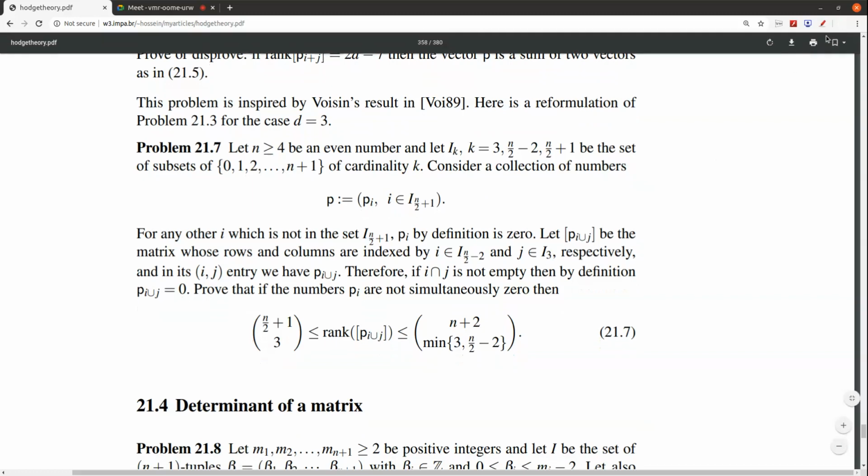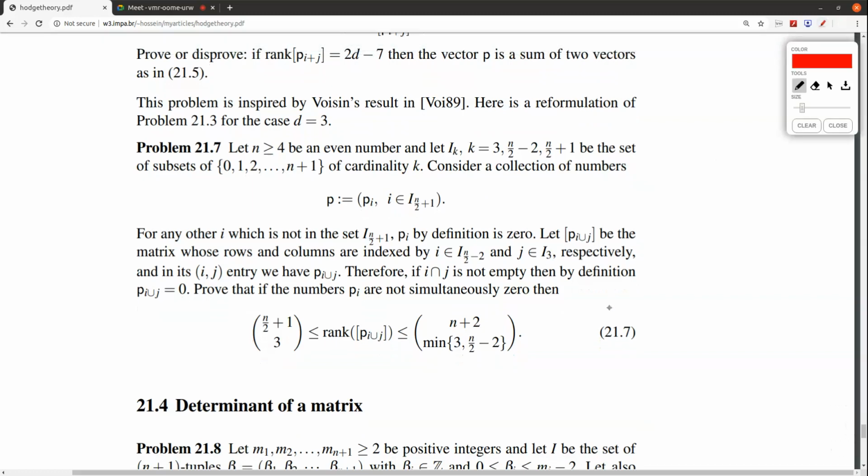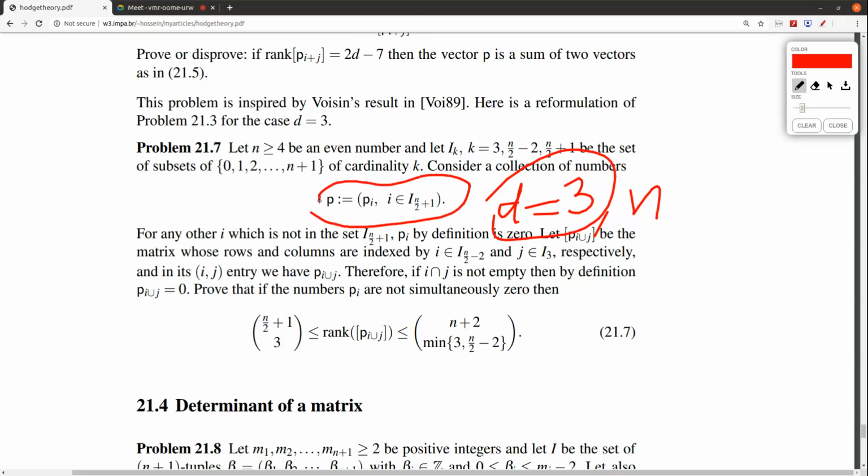another problem, this is an elementary problem. This problem is basically the previous one, putting d equal to 0 and n arbitrary. Let n be an even number. Let I_k be the set of subsets of {0, ..., n+1} of cardinality k. Then we consider again this vector of numbers, which is not in it by definition. This is 0.